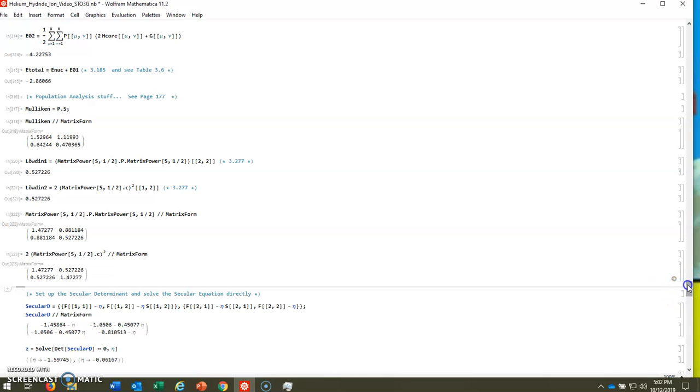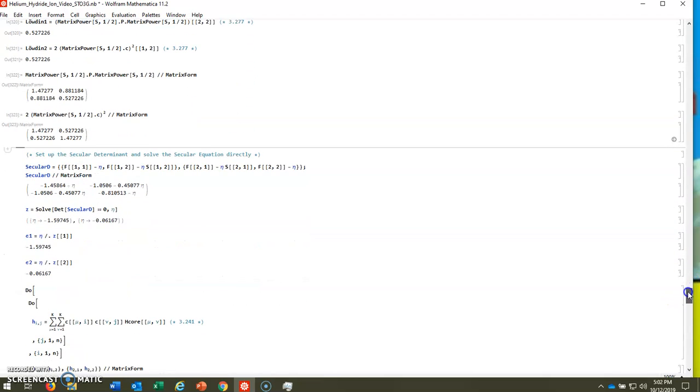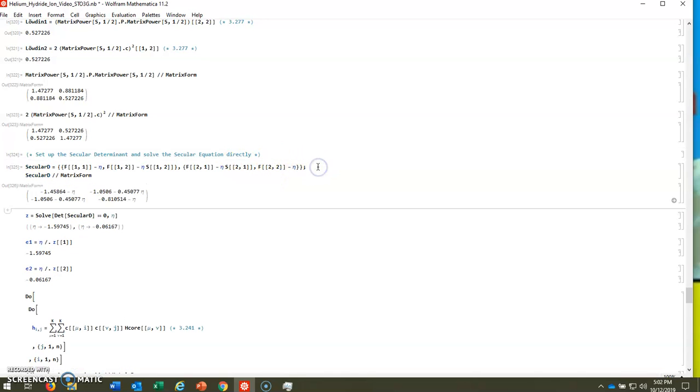Another thing you can do, when you have the Fock matrix, is you can just set it up and solve it as a secular determinant. So I did that, set up the secular determinant in the usual sort of way, but using the converged Fock matrix that I got, and then solve that. So I used Mathematica's built-in solve routine to solve the secular determinant for 0.